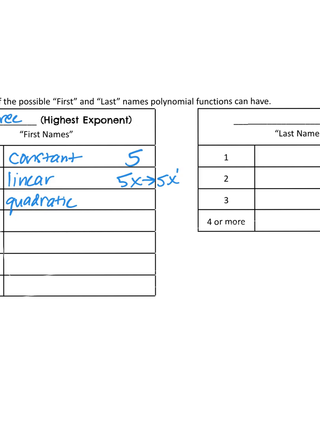If the largest exponent is 2, we call that a quadratic function. If the largest exponent is 3, we call that a cubic function. If the largest exponent is 4, we call that a quartic function.